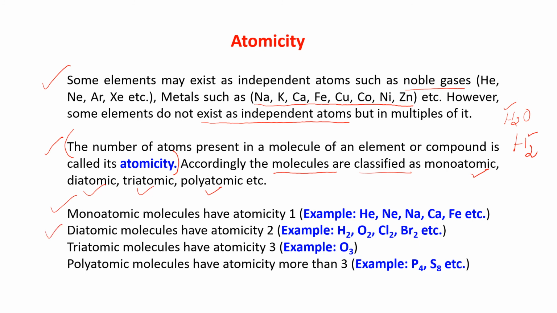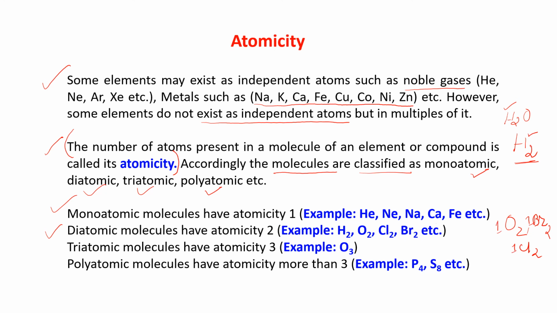Diatomic: when one molecule of that particular element contains two atoms, like H2, O2, Br2, Cl2, all are diatomic. This is one molecule, this is one molecule, this is one molecule.